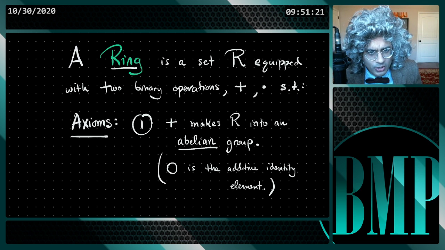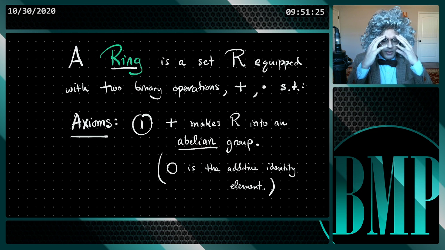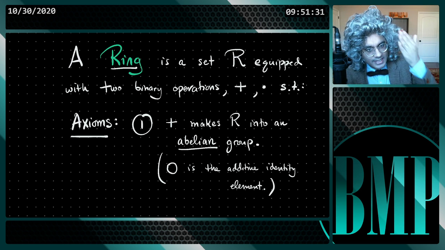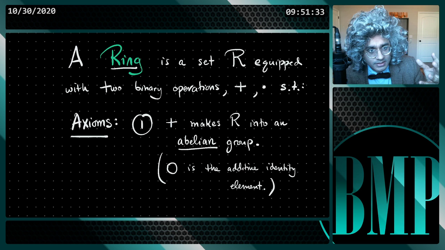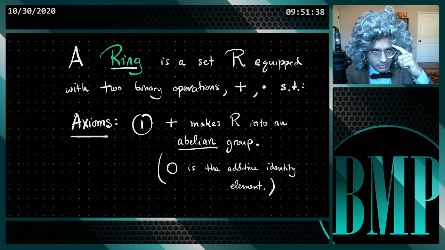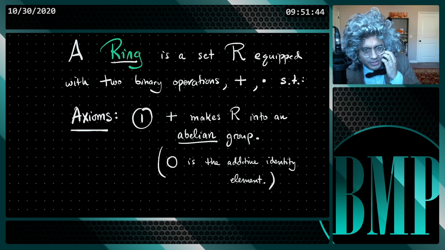Am I saying 0 is a number like 0 apples? The concept of 0 apples is present in every single ring? No, I'm just saying let's call the identity element 0. Let's just use the symbol 0. It's a symbol. Computer doesn't know apples.